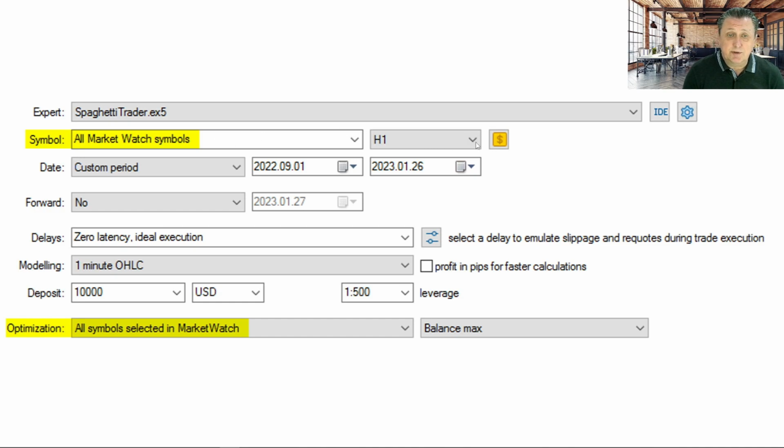Again, choose your different settings if you're testing this on 15 minutes, 1 hour or 4 hours, of course. And also here you can see the optimization. It will tell you again all symbols selected in the market watch. And the market watch is basically what you have on the MT4 platform when you set the EA up. It needs to know exactly that you can cover all of these.